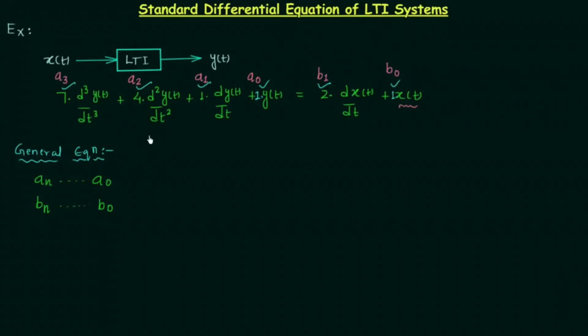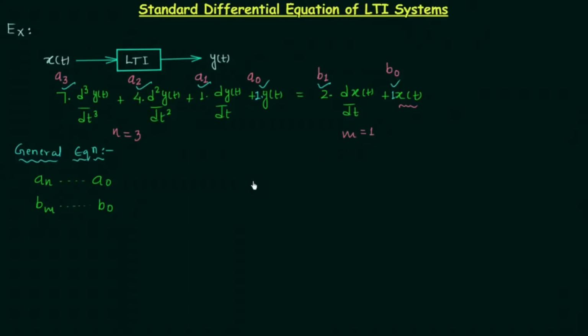You can see one thing here: n is equal to 3 on the left hand side, and here n is equal to 1. So it is not important to have the same pattern on the left hand side and also on the right hand side. So instead of n we will write m. So we have b sub m to b sub 0, and here m is equal to 1.